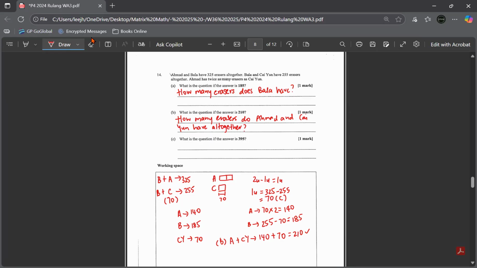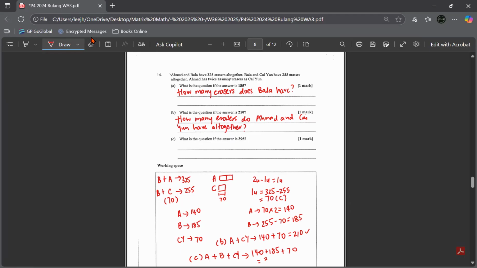Now question C. What is the question if the answer is 395? It's a lot of erasers. 395 is more than whatever two people have together, right? So it's actually all three children: Ahmad plus Bala plus Cai Yun. If you don't see it, you add 140 plus 185 plus 70.